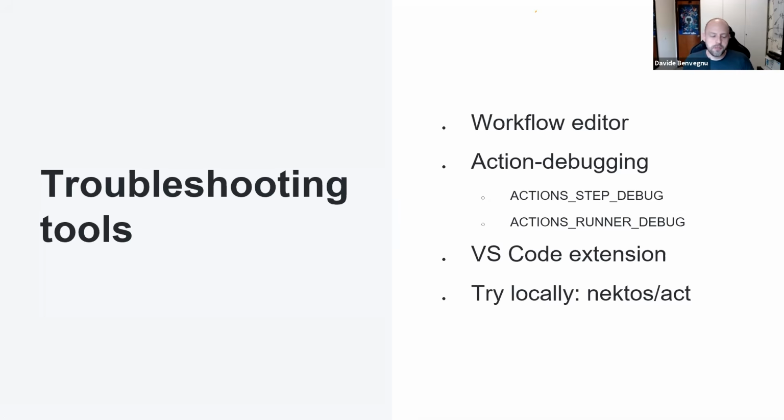But if you suspect there is something related to the infrastructure that is making your action fail, you can enable these. And in this case, you will not see the logs directly in the logs window, but instead, these instruct the GitHub Actions engine to save some log files in a runner-diagnostic directory in the log archive.